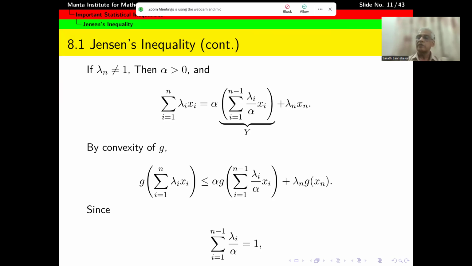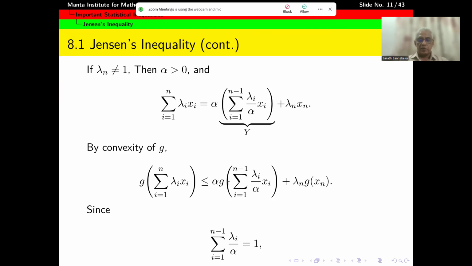So by the definition of the convexity of g, we can definitely say g evaluated at this point should be less than or equal to alpha times g evaluated at y plus lambda n times g evaluated at xn. That is coming from the property of convexity.